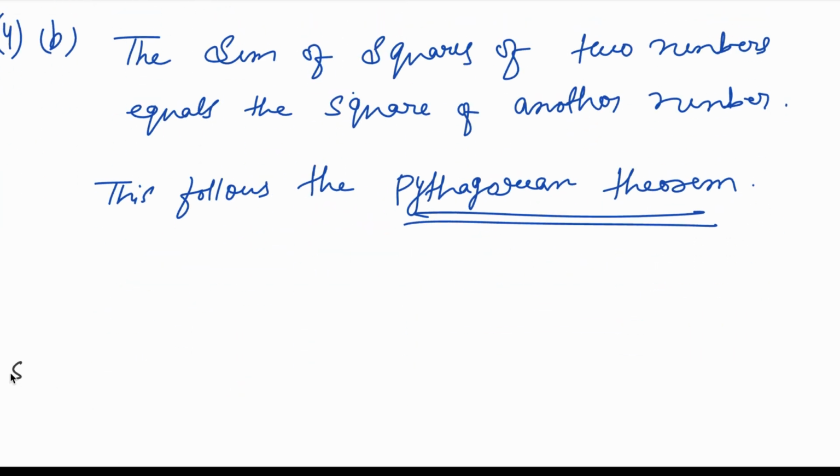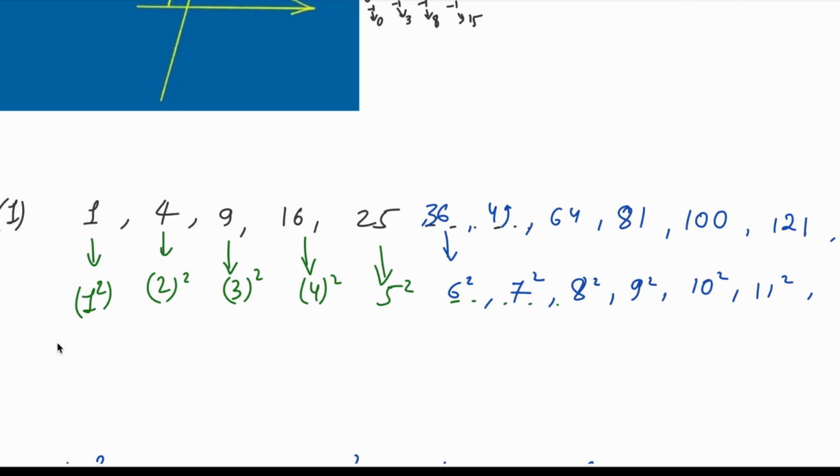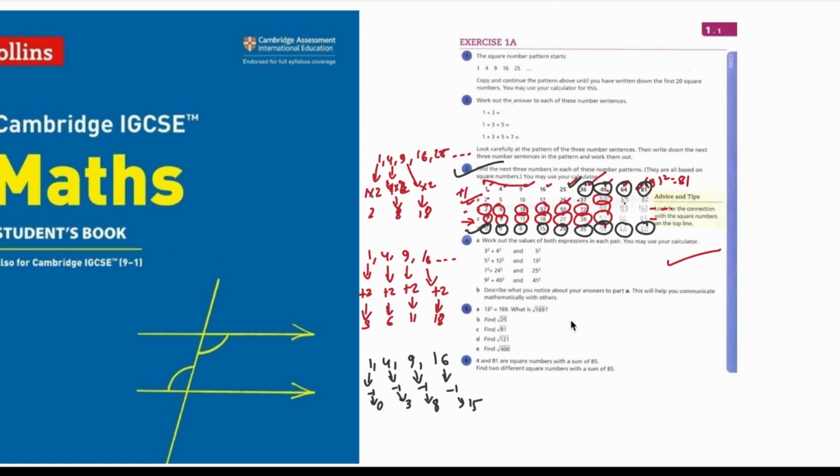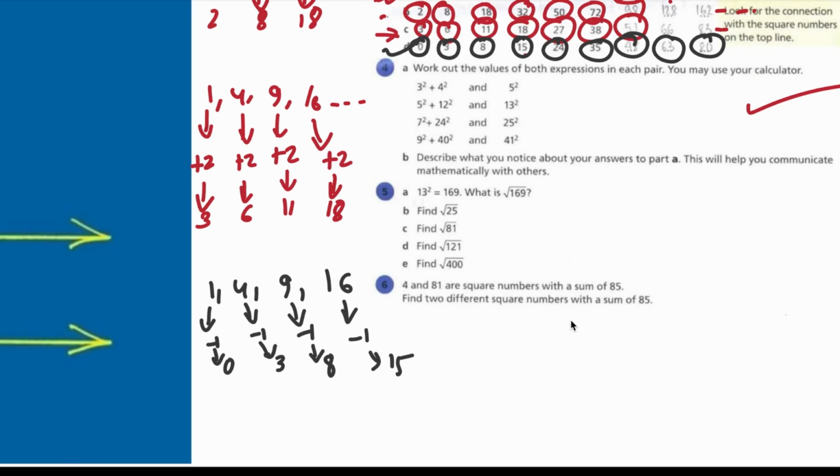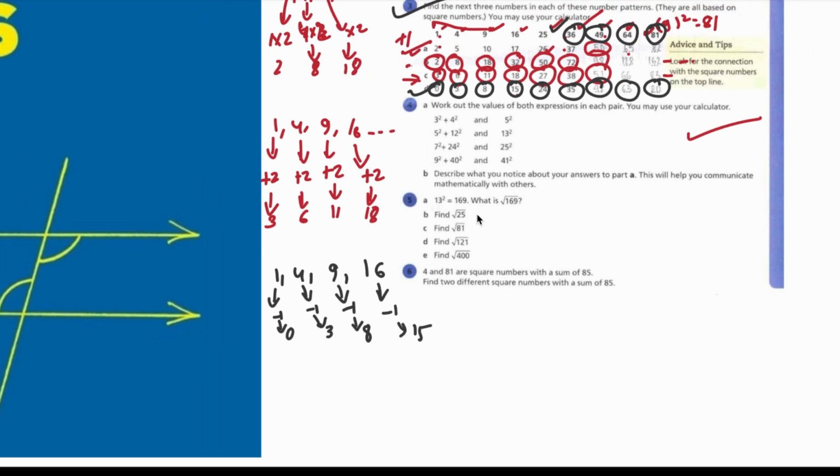Now let's move to question number 5. What is question number 5? Okay, 13 square. What is the under root of 169, which is 13, right? Okay, let's do it.